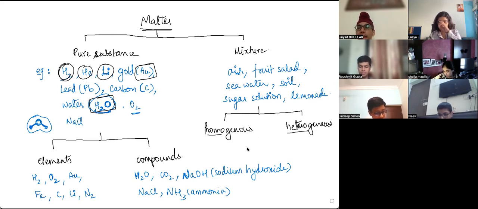So whenever you come across these terms, wherever you get homo hetero as types of something, it means the same thing. Homo means same or uniform, and hetero means different or not uniform. So in the case of mixtures, homogeneous mixtures means when it is mixed uniformly, completely throughout the mixture.